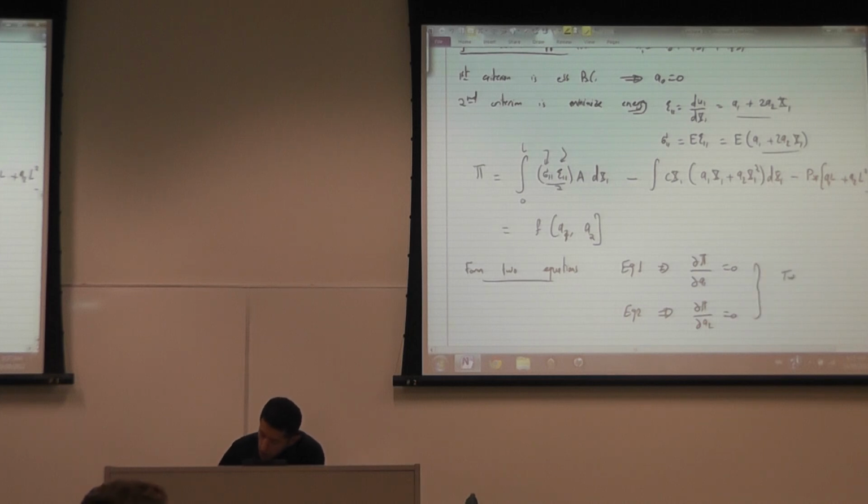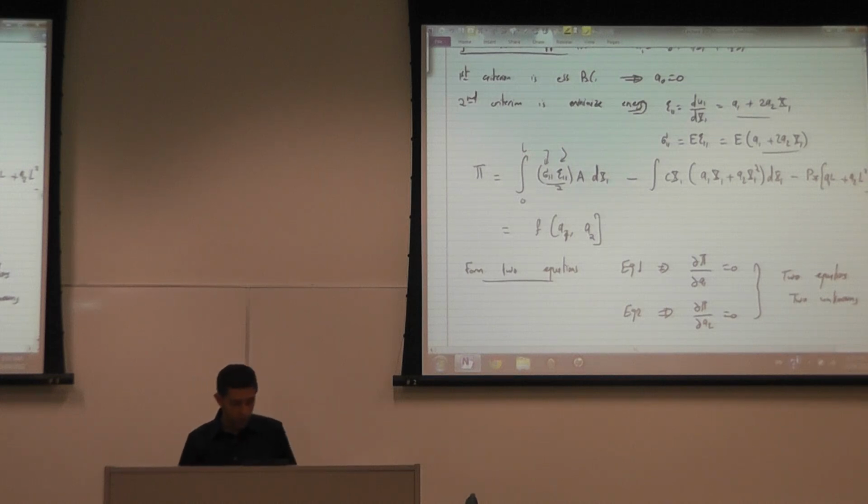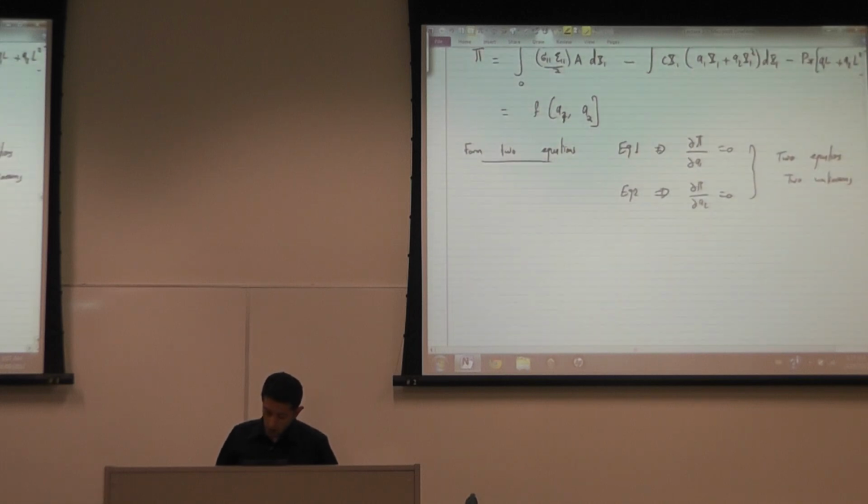Two equations, two unknowns, and find the best approximation. Again, this will be a better approximation.